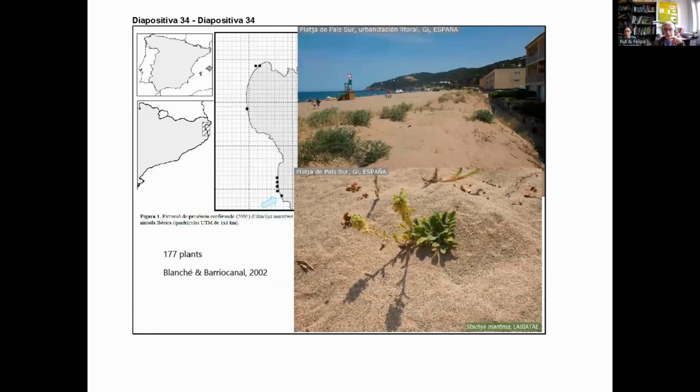Or this one, Stachys maritima, which is a plant only growing, at least now, in three populations by Girona in the north of Barcelona, and that's it for Spain, because there is no place for this plant to go. It's growing in sand dunes, which are very close to the hotels and beach apartments in this city.